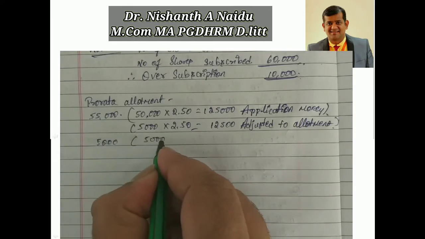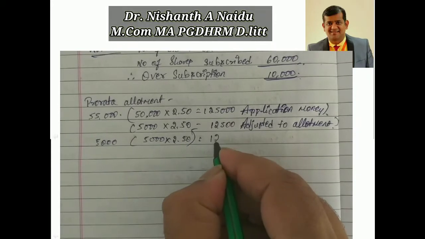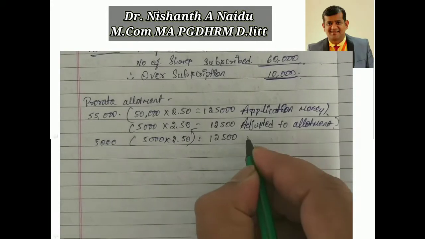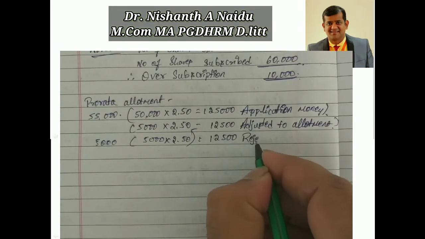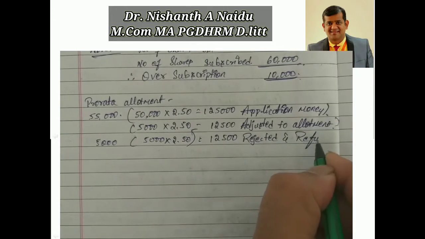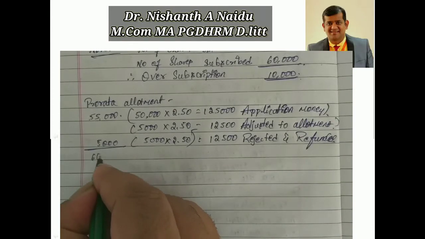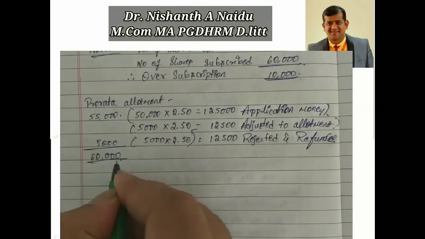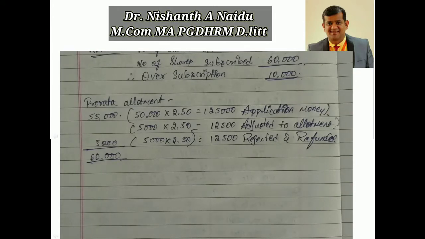So 5,000 into 2 rupees 50 paise comes to 12,500. That is rejected and refunded. If you total this, the total number of applications received is 60,000. So we are done with the basic working note part.